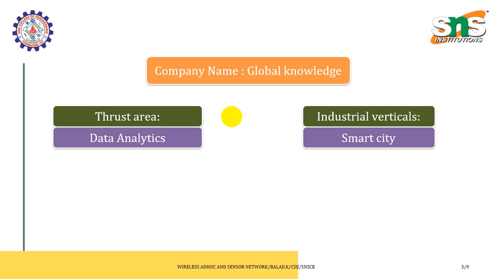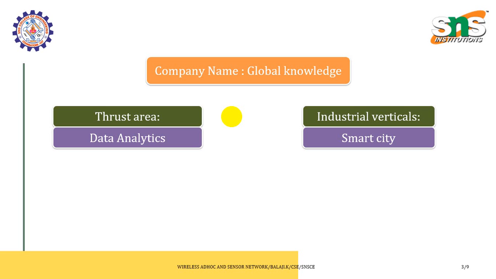The analysis of the data comes under the area of data analytics. So we have to consider a lot of parameters for predicting whether the water level is overflowing or below the required level. This is the case which should be predicted.